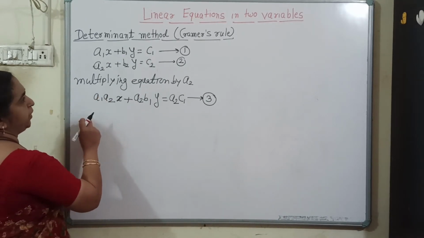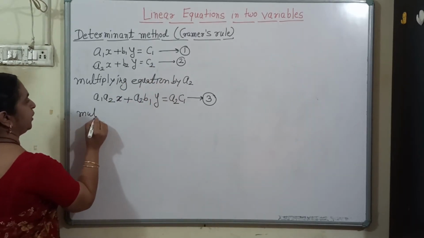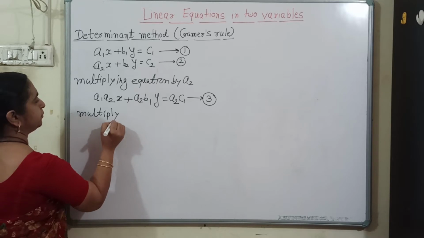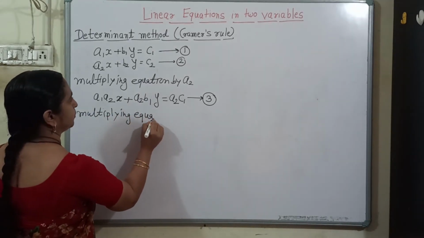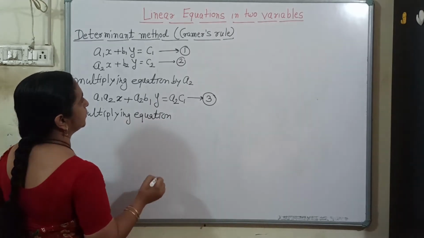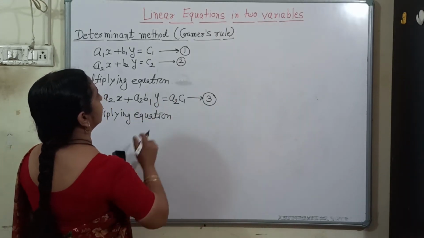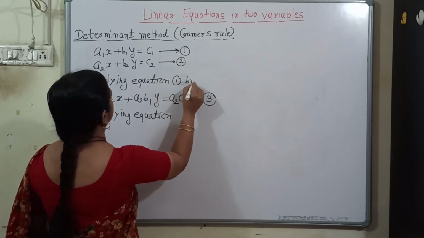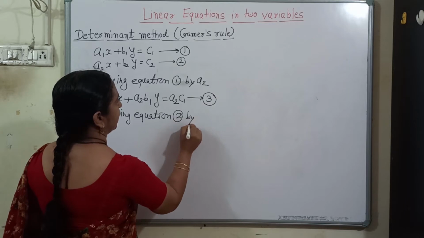Now we multiply equation number 2 by a1. Multiplying equation 1 by a2 and equation 2 by a1.